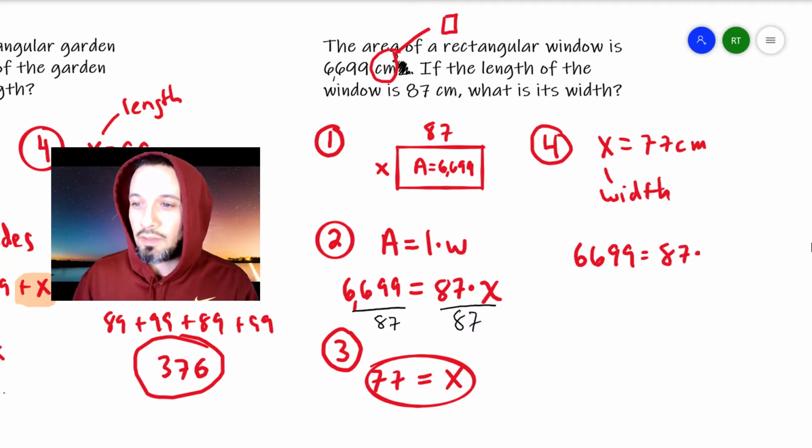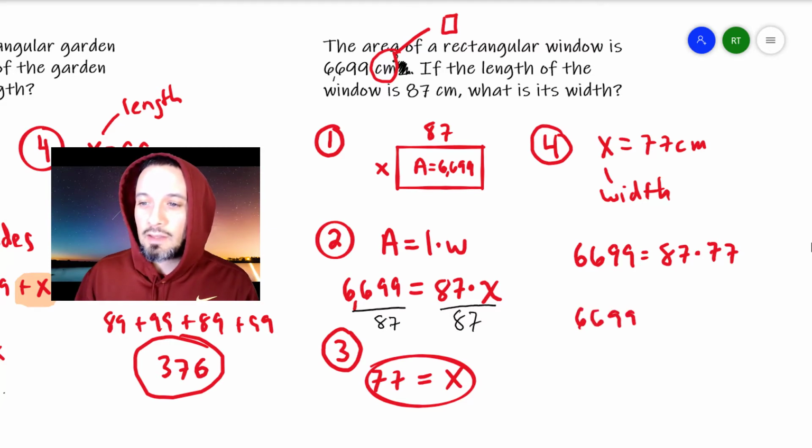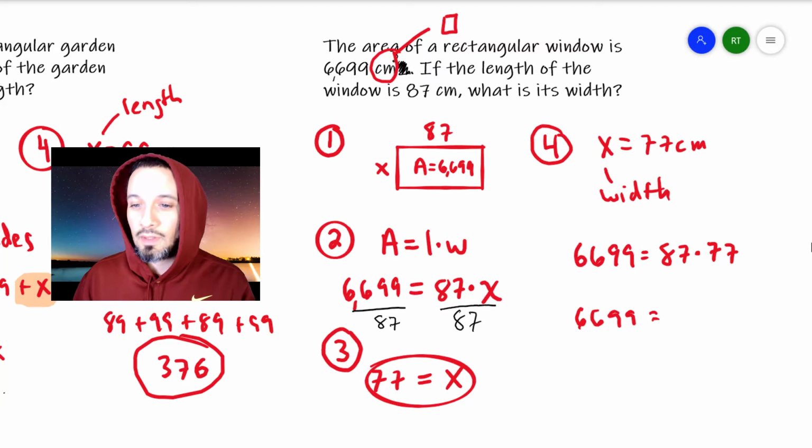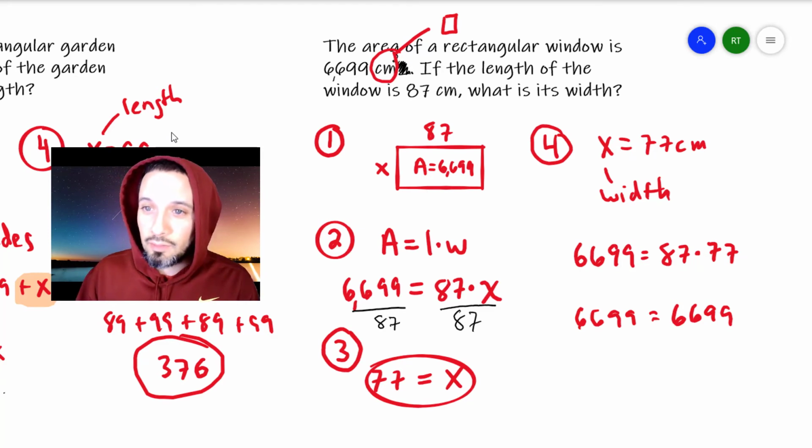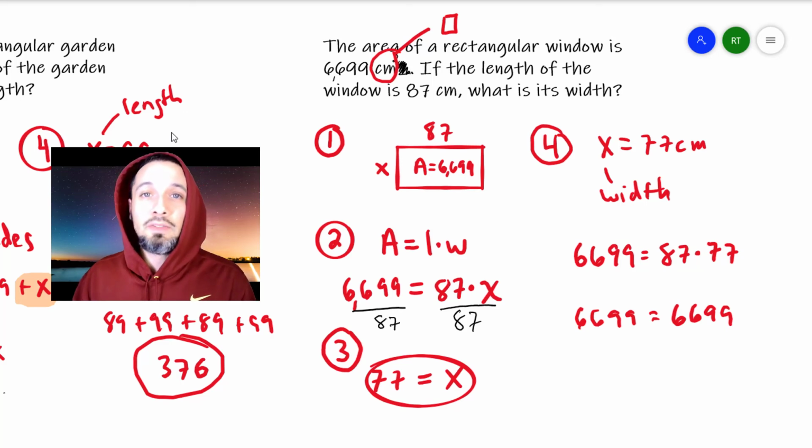So I'm going to replace the missing value with 77 because that was our width. And now I'm just going to simplify the right side. 87 times 77, and when I multiply that out, it does come out to be 6699. So both sides match up. So I'm 100% confident that the width of the rectangle, or the width of the window, is 77 centimeters.